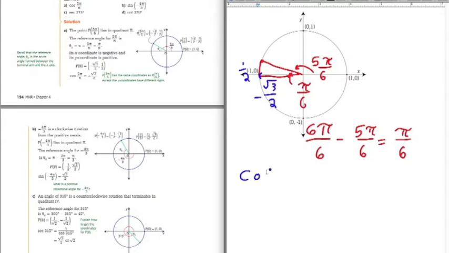So cos 5 pi over 6 is going to be calculated the same as if I was just doing cos of pi over 6, right? Done the same way. So this would be the same as cos of pi over 6. Because remember, all these things are just cyclical.